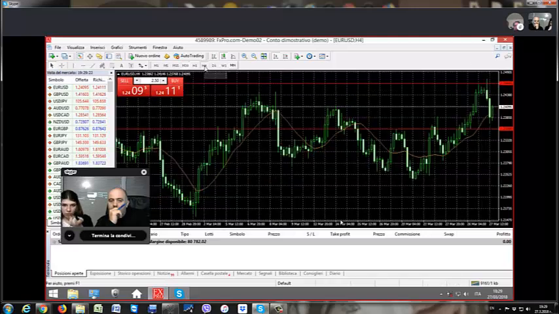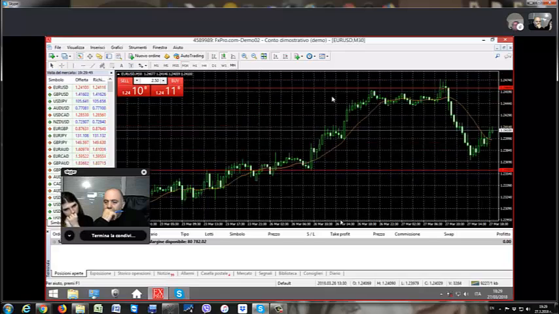We make an example. Market arrives at 124.38, okay? The market arrives over here in this area. Then it starts to move down. Immediately I move to 30 minutes.